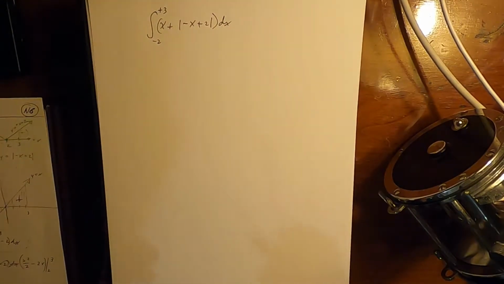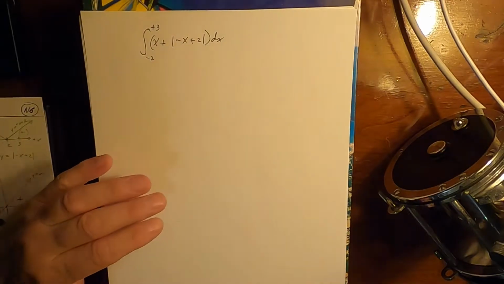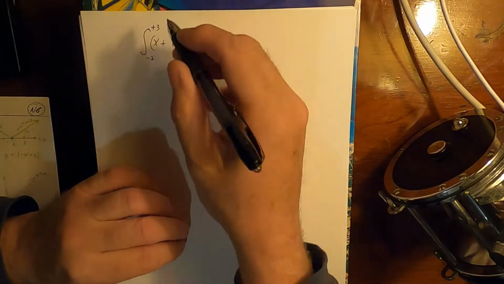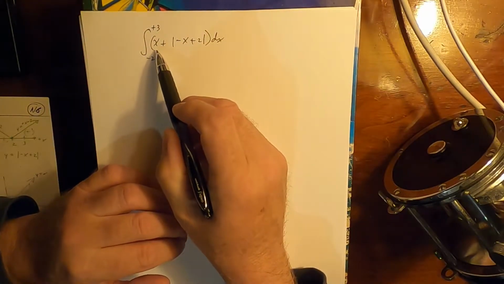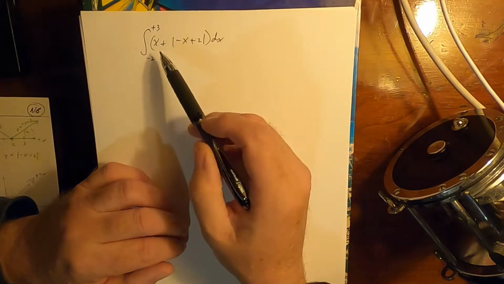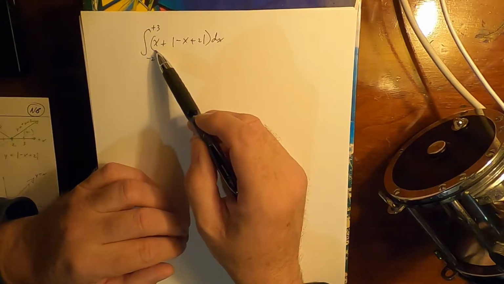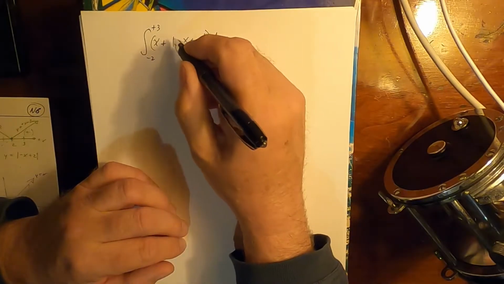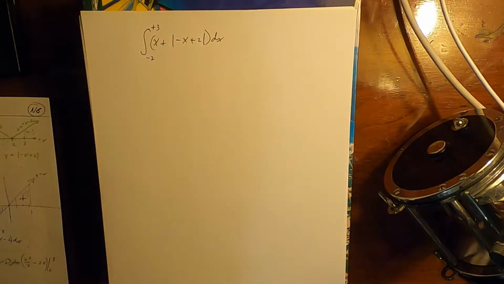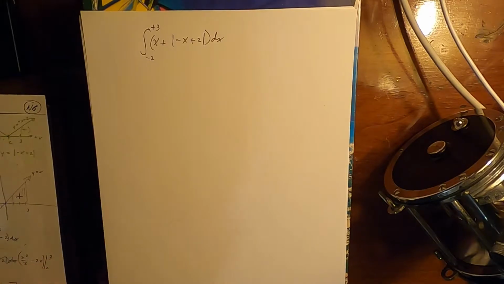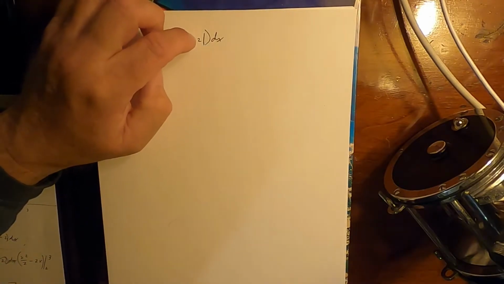Okay, so with regard to these types of problems, if we were just handling x's, it wouldn't make a difference. We would just follow through with the integral in the normal way. But when we have the absolute value, we have to be careful because now we have to consider only the positive values of this function.